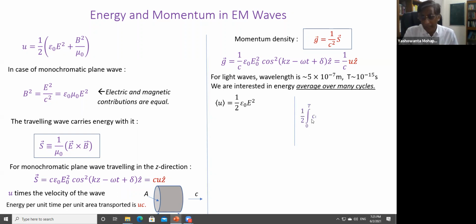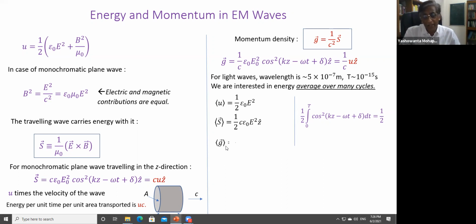Why? If you actually integrate over one period, one cycle of cos square, this will give you half. Similarly, I can work out the time average of the Poynting vector. That will be half c epsilon naught E square. It's a vector, so it's in the z direction, the direction of propagation.